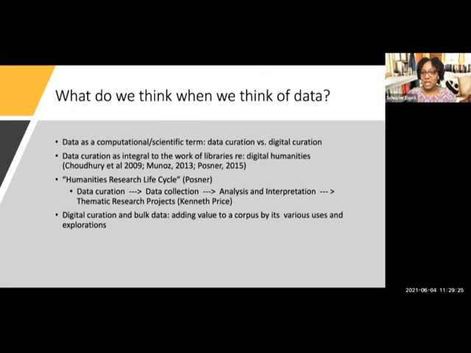So 1948 might be a year, 1945 might be a year that war is in the paper. 1941 might be a year that we see the word war in literary societies. Now, how do I know this? Before we had bulk data, I had to read through every single one of these line by line. But now I can literally put the data in a way that allows me to see patterns much quicker.